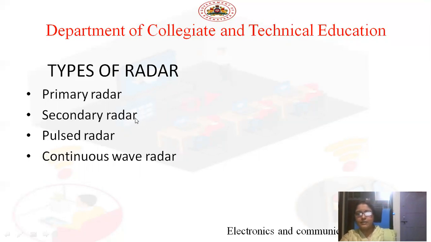That is called the secondary radar. Pulsed radar: if the signal which the radar station radiates is in the form of pulses, then it is called the pulsed radar. If the signal radiated is in the form of a continuous wave, then that is called the continuous wave radar.